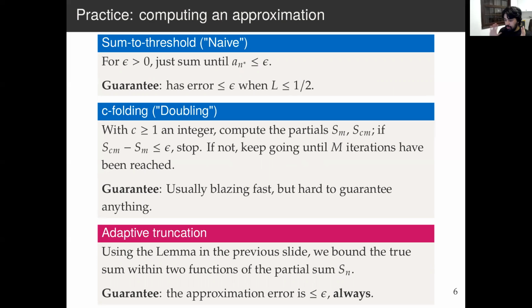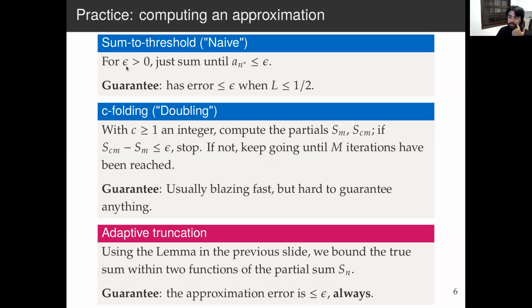So we've seen what the problem is and a little bit of theory, but now what is it that people can do in practice? We have three major approaches that we're going to be considering here. The first one is what we call the naive approach. It might be a bit derogatory, but it's sum to threshold.